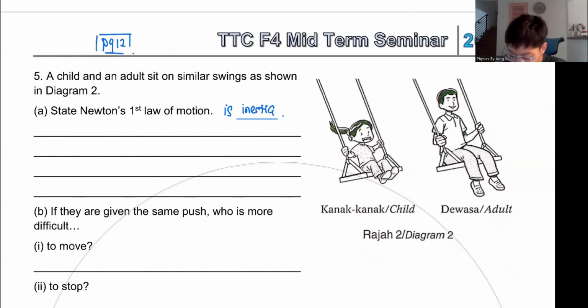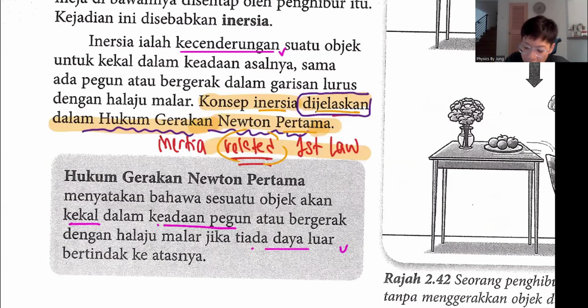Okay, let's look at the textbook. According to the textbook, imagine guys, this is a KPM. KPM means this is Kementerian Pelajaran Malaysia. So obviously this is not Jung book. Okay, according to the textbook, it states that concept of inertia dijelaskan. Yeah, this is the BM book.